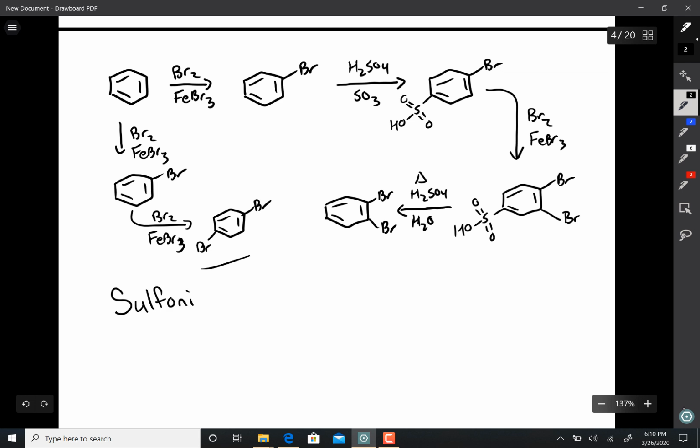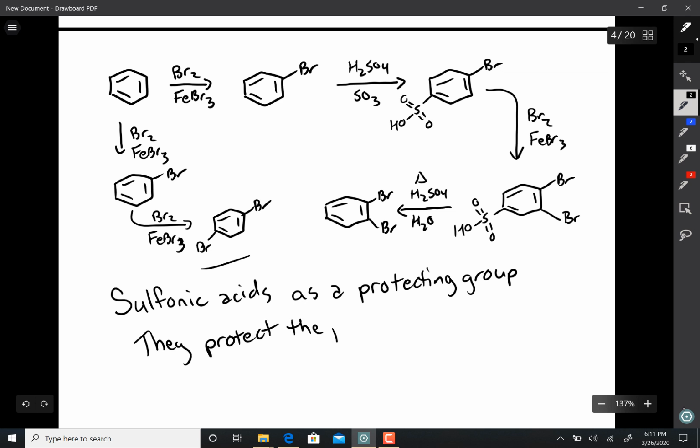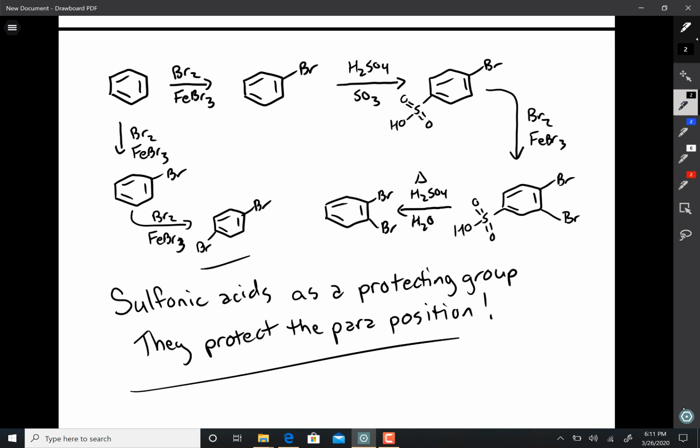So you can think of the sulfonic acids, because they're easily removed on and off, you can think of these sulfonic acid groups as a protecting group. And what they specialize in protecting is they protect the para position. So if you need to get 2 groups ortho to each other, this is a good way of going about it.